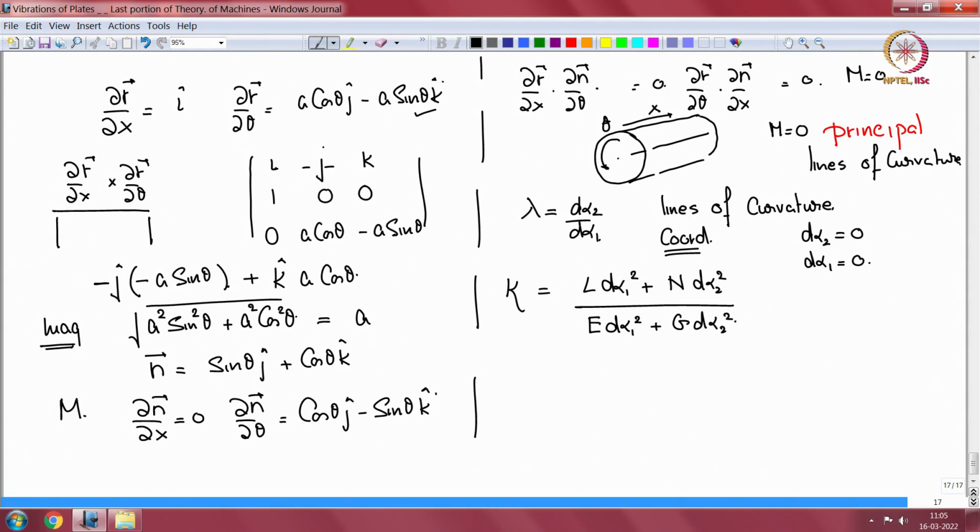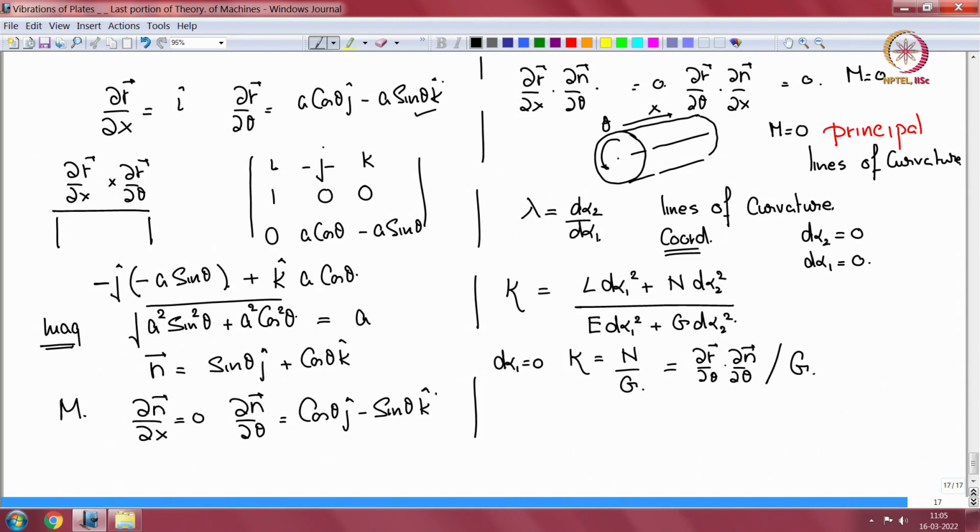So if d alpha 1 is set to 0, then I get curvature as N over G. What is N and what is G? So N over G will be del r by del theta dotted with del n by del theta, divided by G.